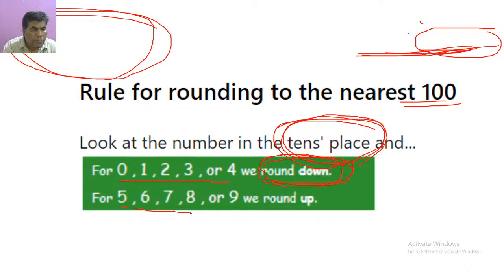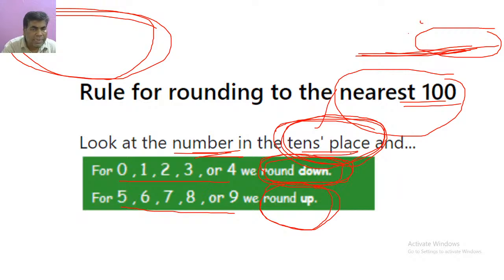If we have 5, 6, 7, 8, 9, we have to round it up. So when they ask for the nearest 100, which place do you have to consider? The tens place, not the ones place. Okay. Next.